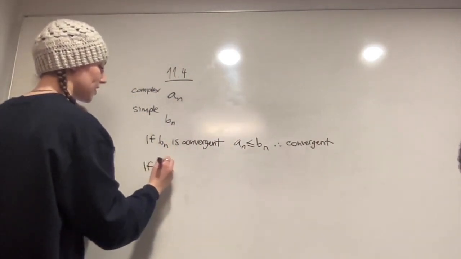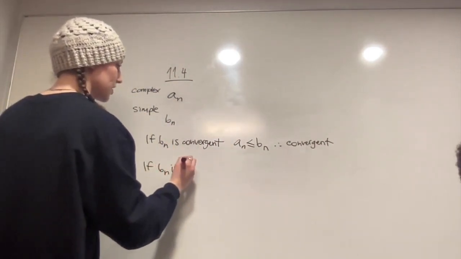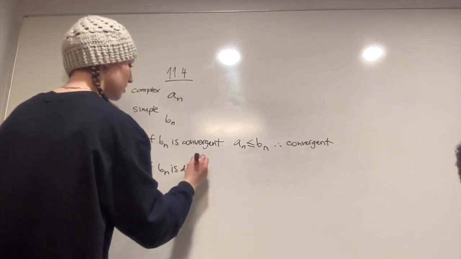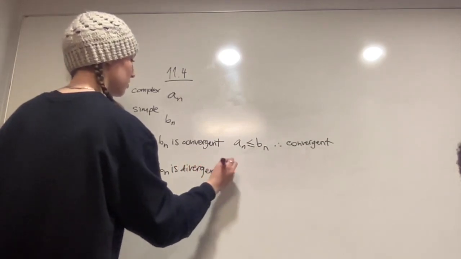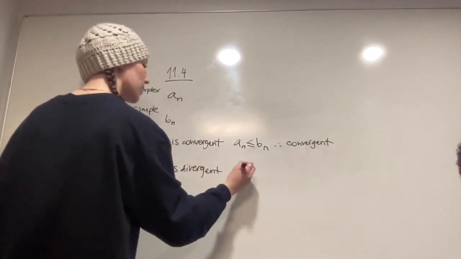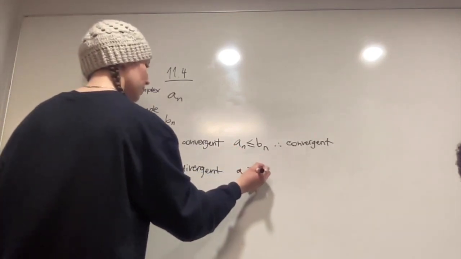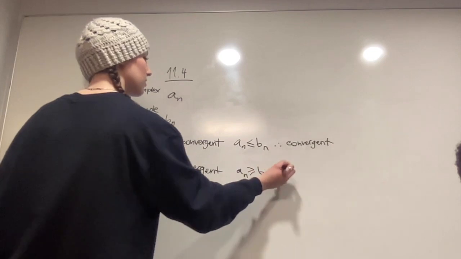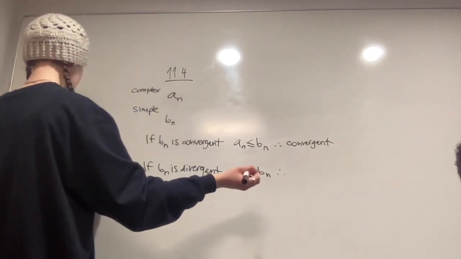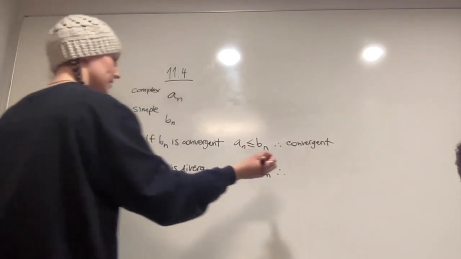And if b subscript n, or the simple series, is divergent, and the complex series a subscript n is greater than or equal to the simple series, then the complex series is also divergent.